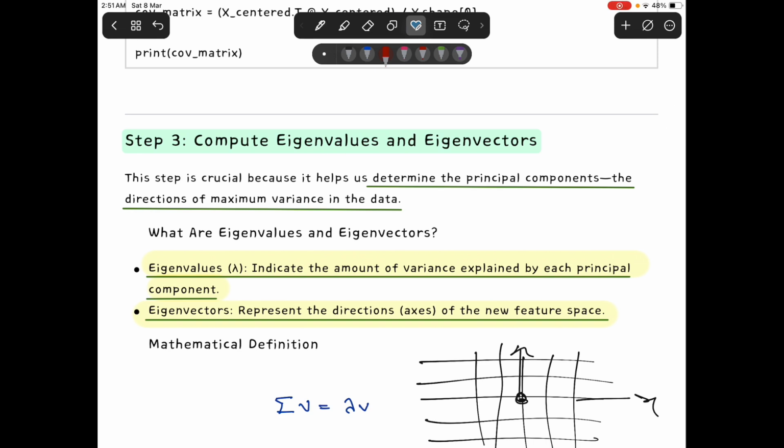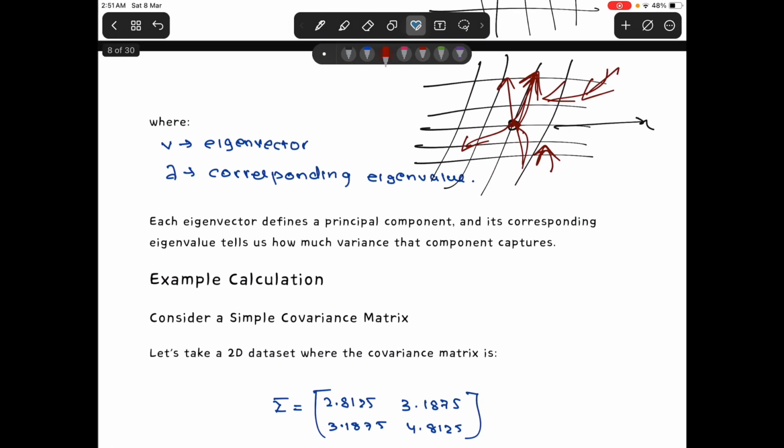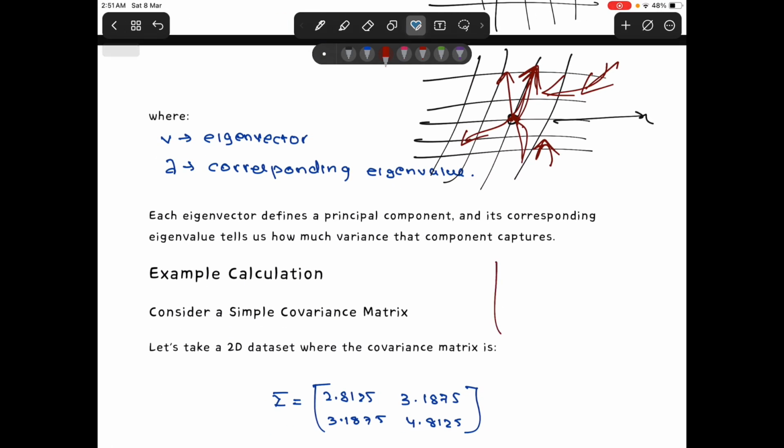Why is this step crucial? Because it determines the principal components, the directions of maximum variance in the data. Okay, let me explain this with a simple example. If we have these data points, and we make a principal component like this, this was our variance, now this is our variance.